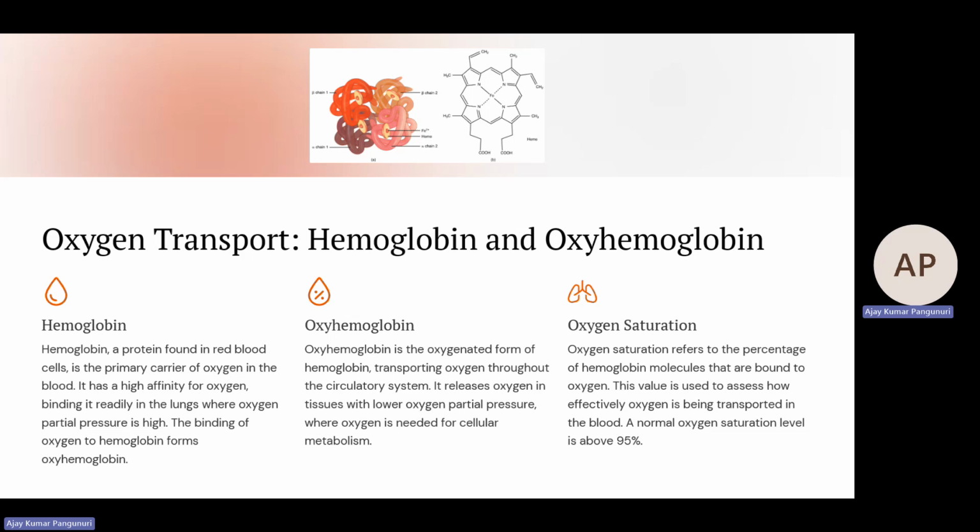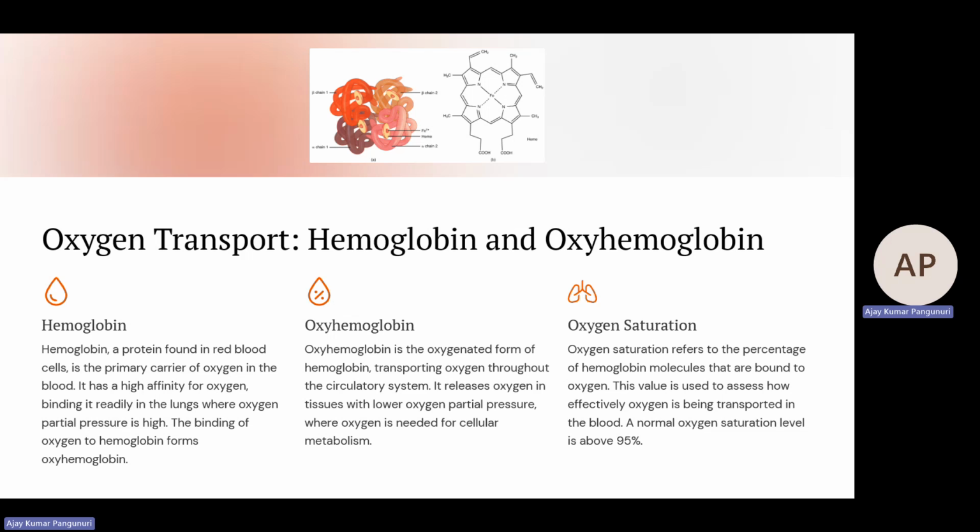Oxygen transport, hemoglobin and oxyhemoglobin. Hemoglobin is a protein found in the red blood cells and is the primary carrier of oxygen in the blood. It has a high affinity for oxygen, binding it readily in the lungs where oxygen partial pressure is high.